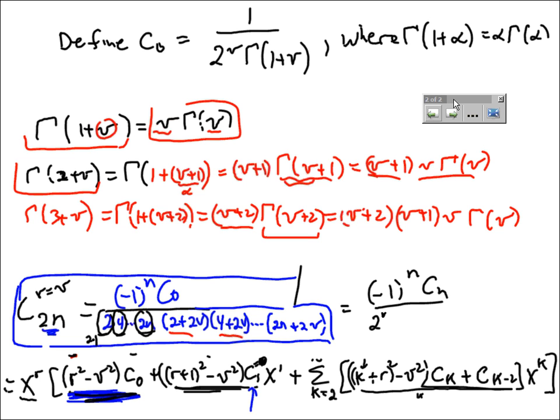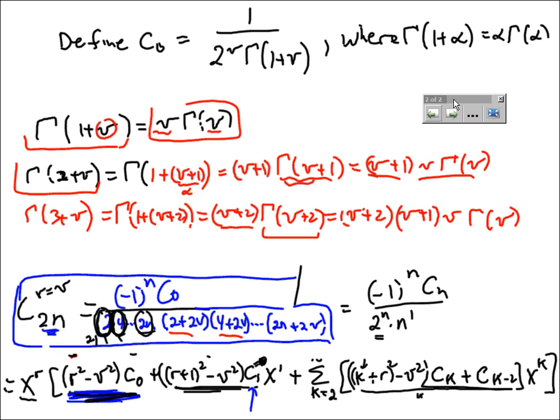So I'm going to have 2 to the n, but then I have 1, 2, 3, 4, 5, 6, all the way up to 2 times n. Well, I factored out all those 2's, so now I'm left with 1 times 2 times 3 times 4 up to n.